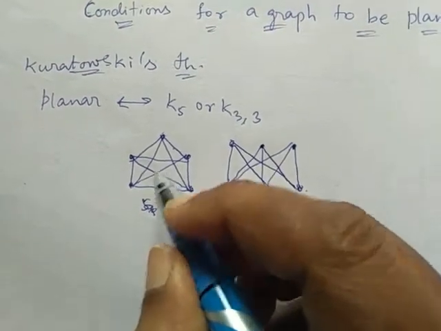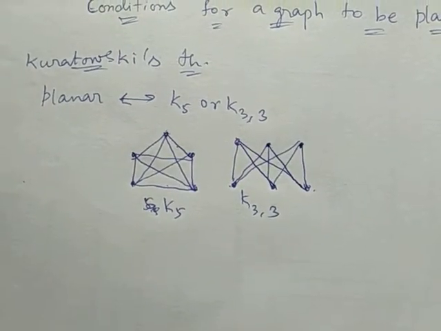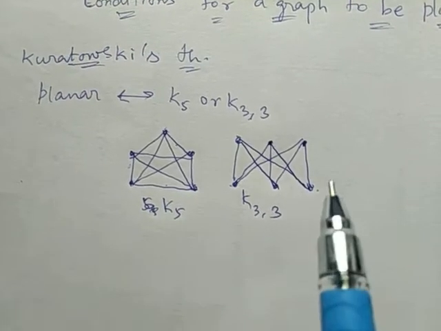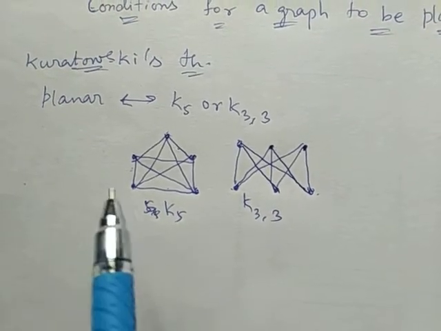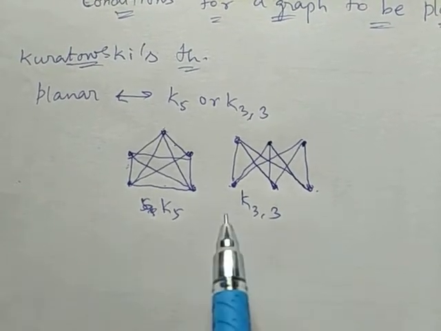This is K5. A graph is said to be planar if G does not contain K5 or K3,3 as its subgraph, or subdivisions of K3,3 or K5.